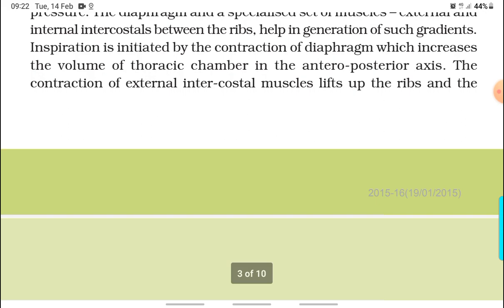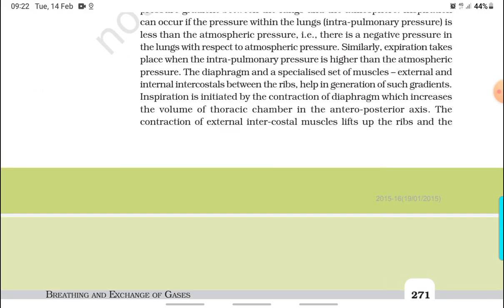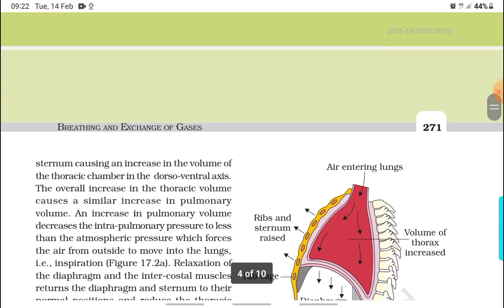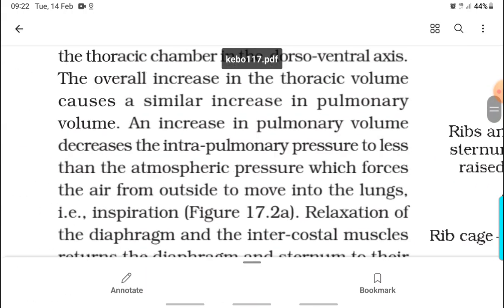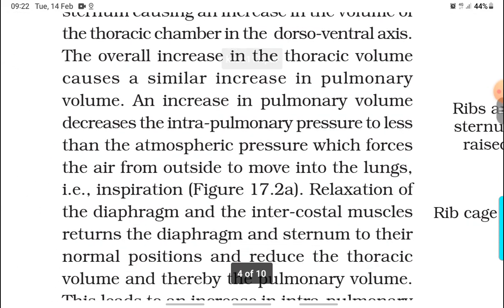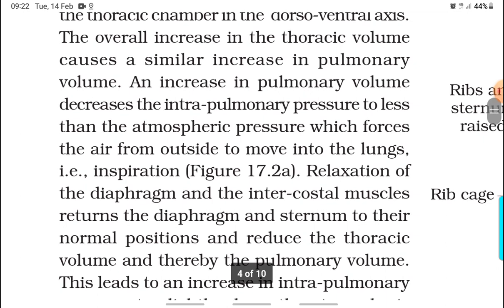The contraction of external intercostal muscles lifts up the ribs and the sternum, causing an increase in the volume of the thoracic chamber in the dorso-ventral axis. The overall increase in the thoracic volume causes a similar increase in pulmonary volume. An increase in pulmonary volume decreases the intrapulmonary pressure to less than the atmospheric pressure, which forces the air from outside to move into the lungs, that is, inspiration.